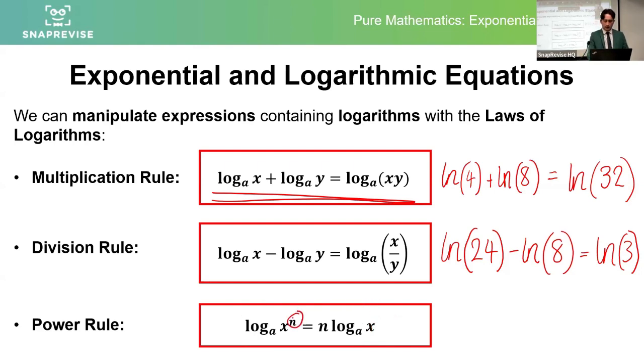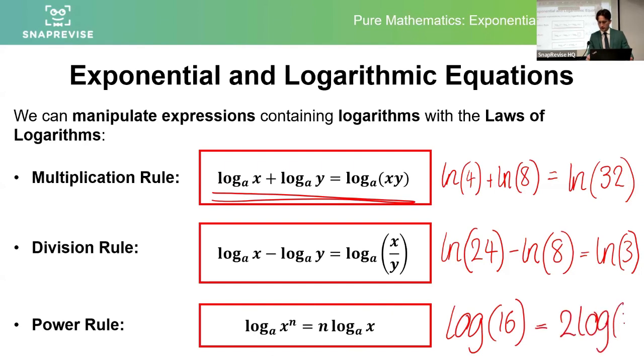So the power is the collection of how many of them you have added up. So effectively, if we had log of 16, you could equivalently write that as 2 log 4. And it's noticing little tricks like this that are really useful. If you can write it as a power of something else, you can often simplify the logarithm. Brilliant. Right, let's keep going.